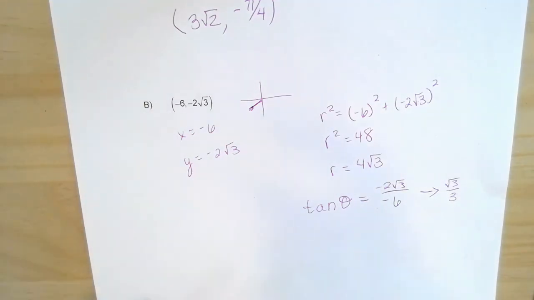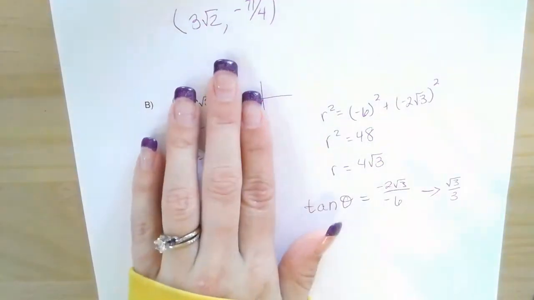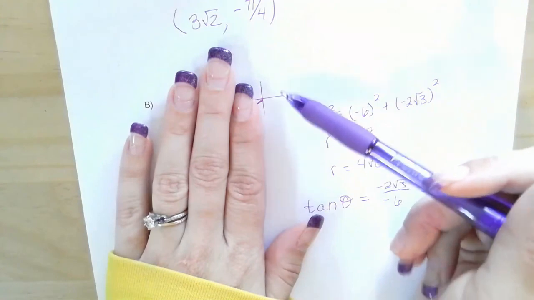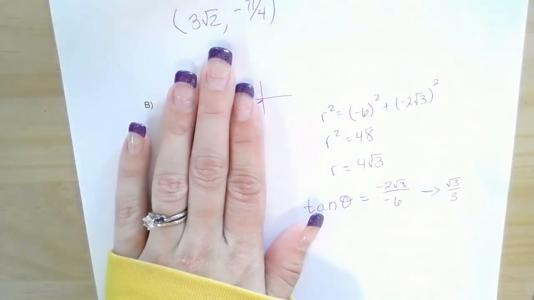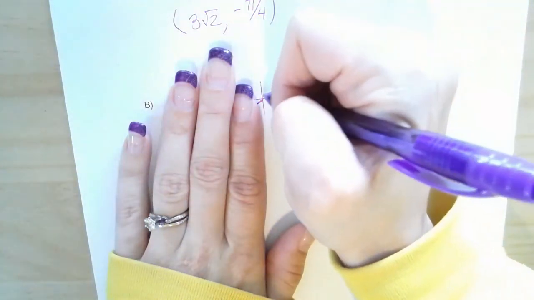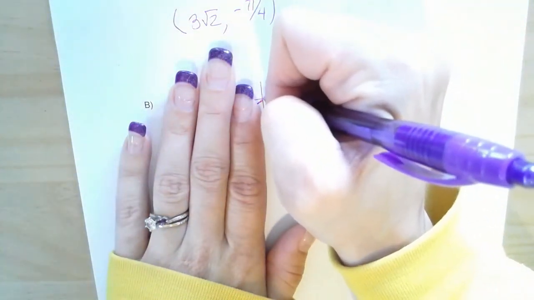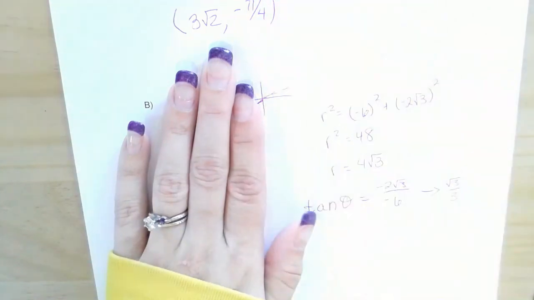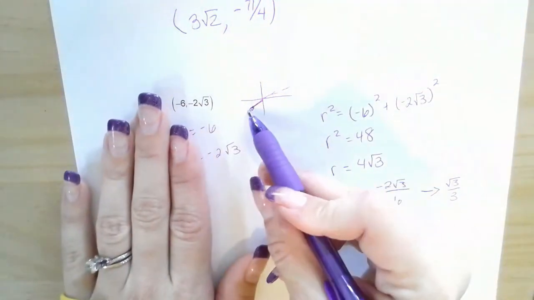Okay, so square root of 3 over 3, if you talk about the inverse, right? Inverse of tangent means that I have to be in the first or second quadrant, right? So square root of 3 over 3 would be pi over 6. Okay, pi over 6, so right over here. But the thing is, we don't want to be over there, right? We want to be here.